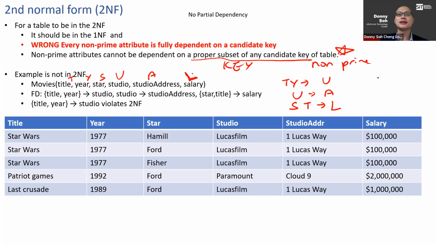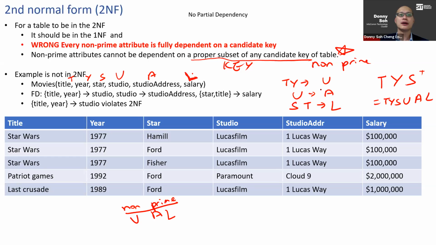The primary key seems to be T, Y, S. To confirm, the TYS closure equals TYSU, then U implies A, and ST implies L. So this is the candidate key. The non-primes will be U, A, and L.